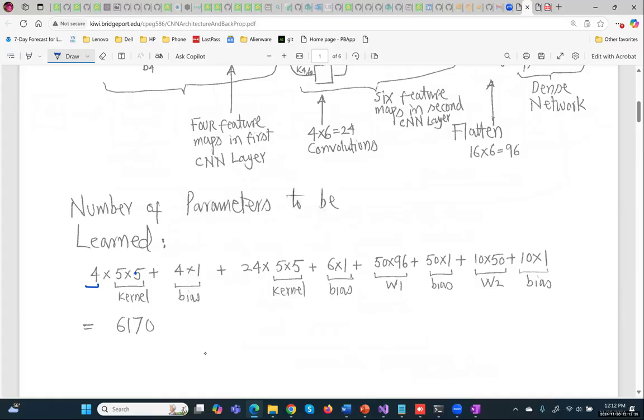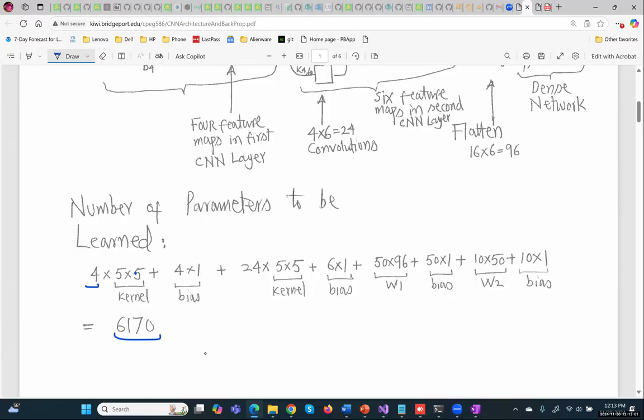Second one, 24 kernels, right? And because there were 6 feature maps, 6 biases, okay, then 50 by 96, then 50 biases, then 10 by 50, and 10 biases. So if you add them up, it comes out to 6,170 parameters that we have to learn.